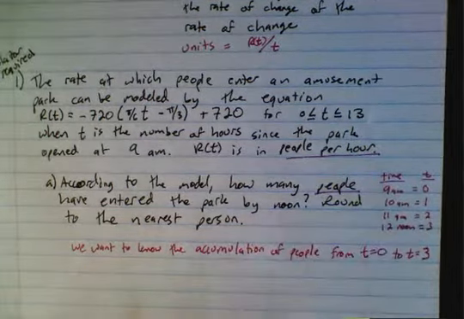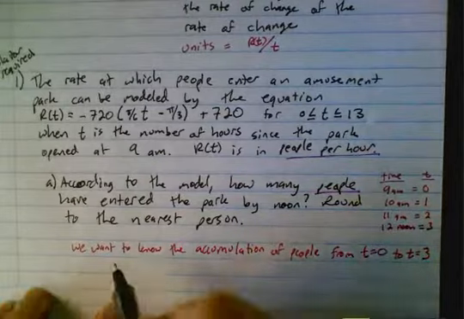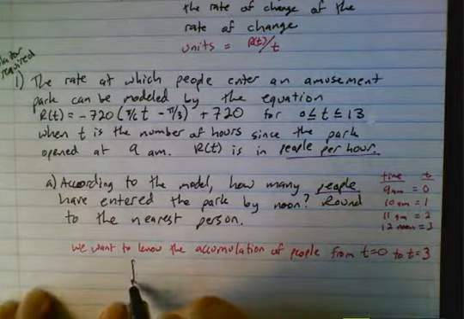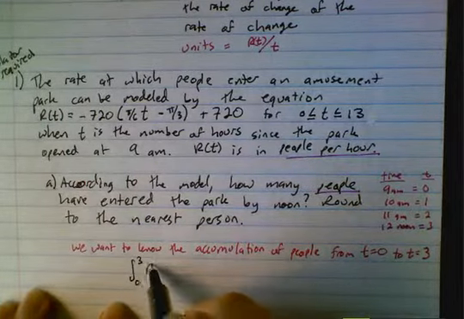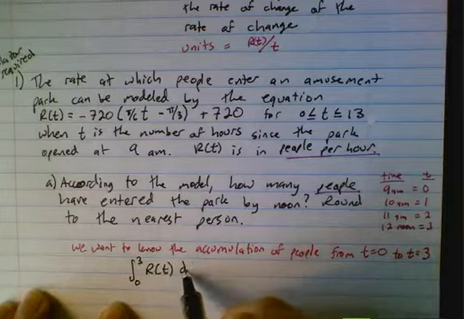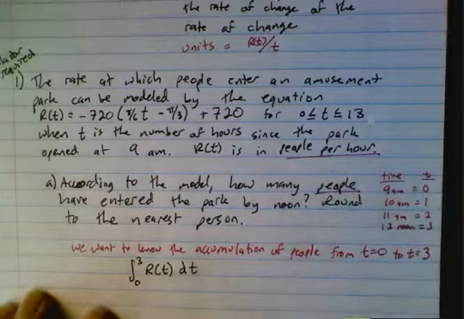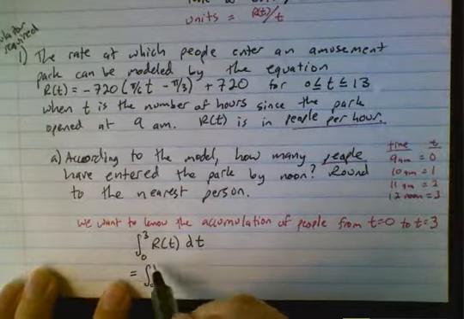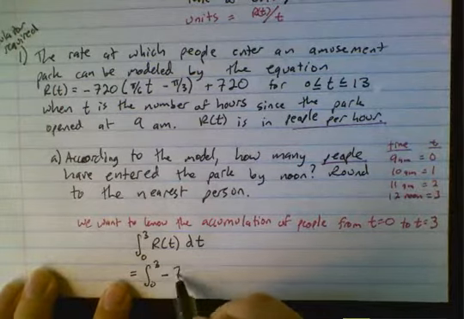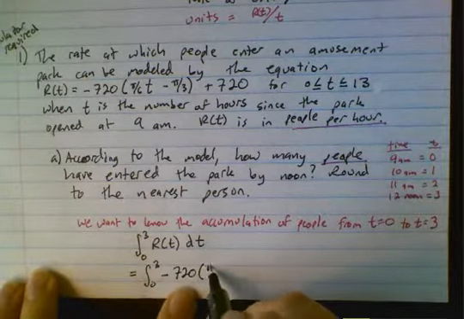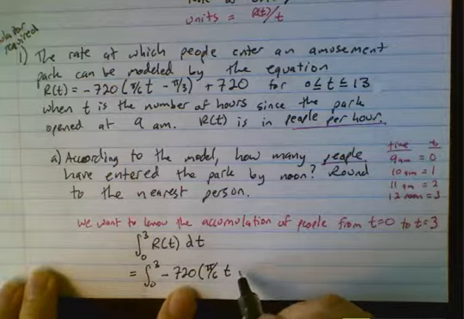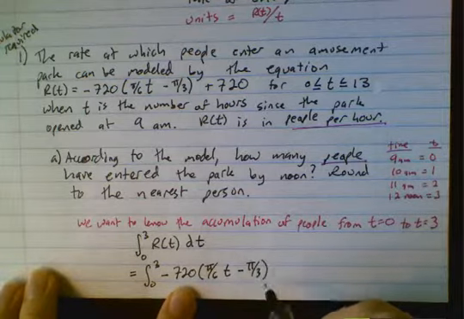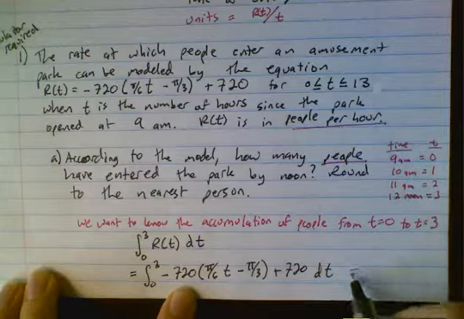So accumulation from t equals 0 to t equals 3, that's the integral from 0 to 3 of R of t dt, or the integral from 0 to 3 of negative 720 sine of pi over 6 t minus pi over 3, plus 720 dt.